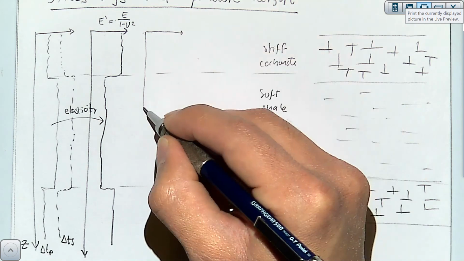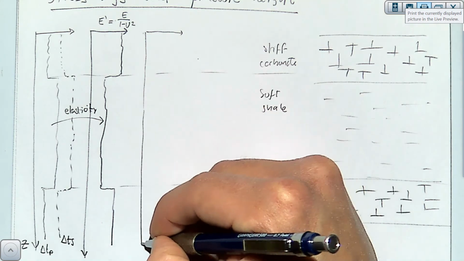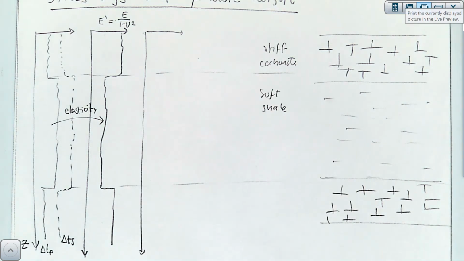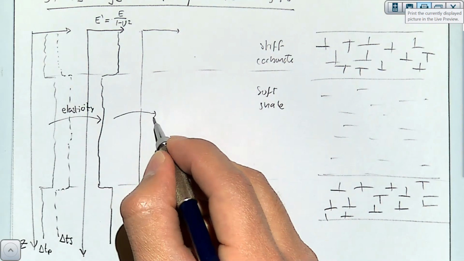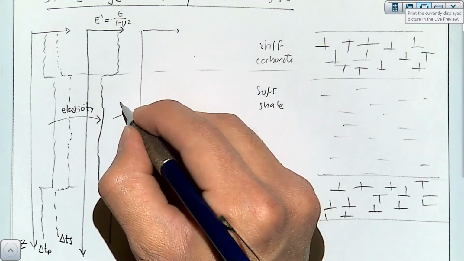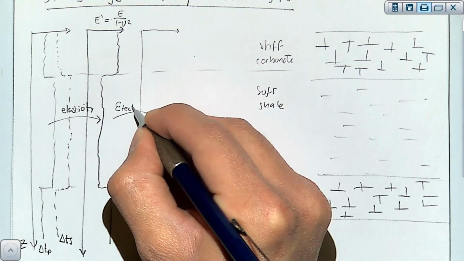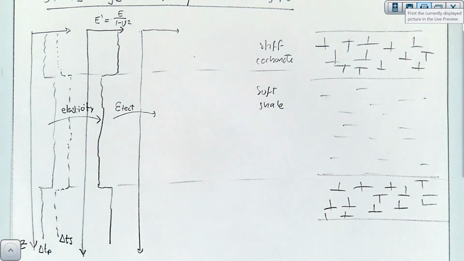Now let's say that in this layer system, I apply a tectonic strain. You guys remember that tectonic strain was this strain that made the horizontal stresses change and were proportional to tectonic activity.